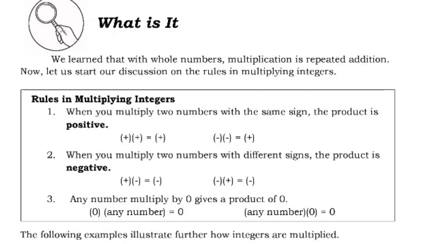So positive times negative is negative. The same with negative times positive, it is also negative. Number 3, any number multiplied by 0 gives a product of 0. So 0 times any number equals 0. Any number times 0 equals 0.